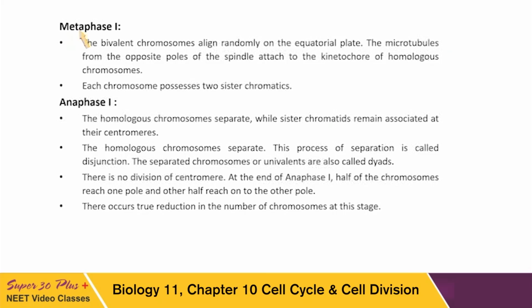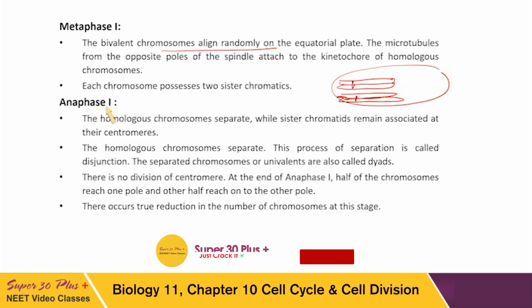Now you have to see metaphase I. In metaphase I, the bivalent chromosomes are aligned on the equatorial plate. This is one chromosome with 2 chromatids, and this is the other chromosome with 2 chromatids. There will be 2 metaphasic plates.